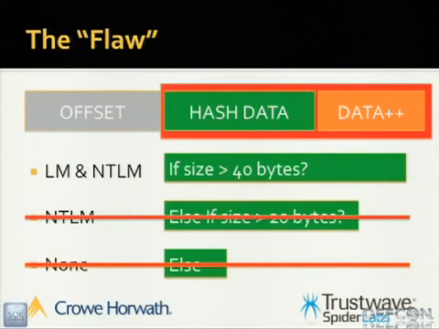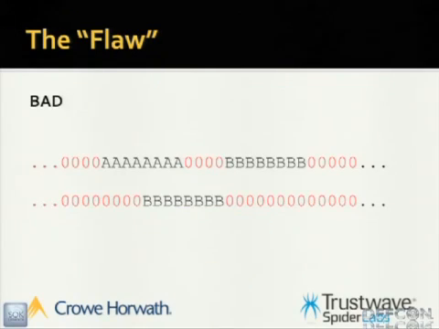When we look to the end of this data stream, we consider hash data and data++ as the same entity, because this code is not intelligent to what these are. It doesn't understand these data structures. So with this measuring stick approach, we end up with bad logic. This goes back to the same example Ryan showed before.